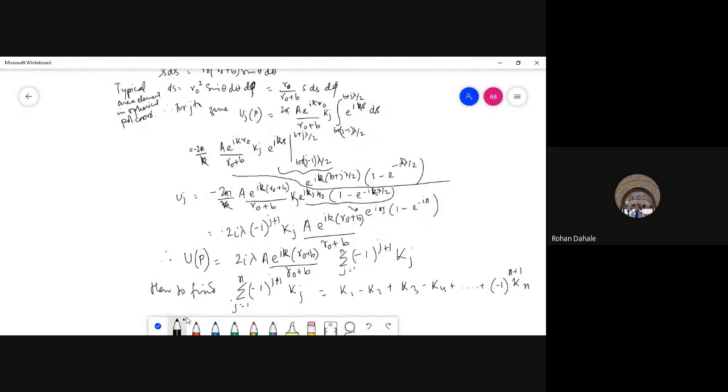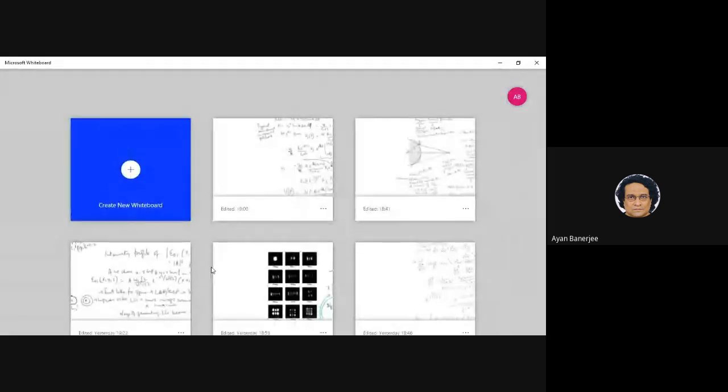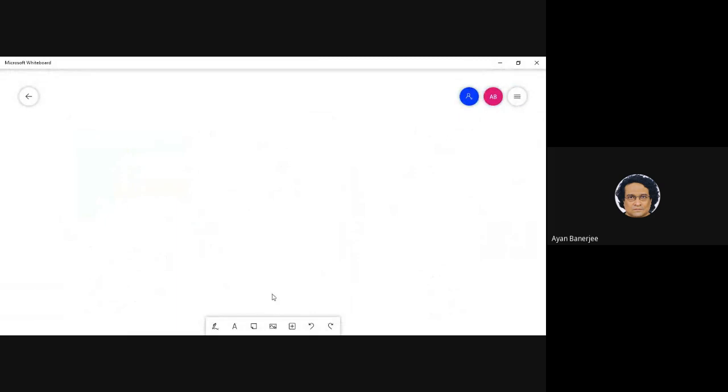Sir, I think we can do something like separating into even and odd. Yeah, so basically Schuster's method. Okay, let us do that. Huygens, Fresnel, continued.